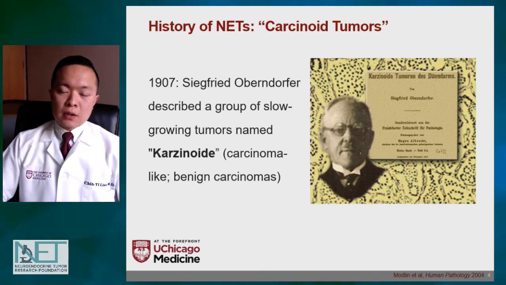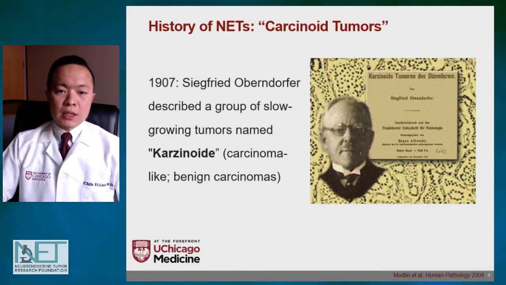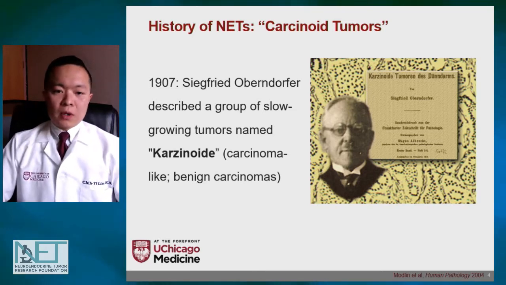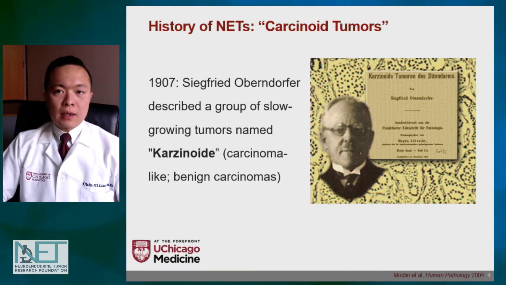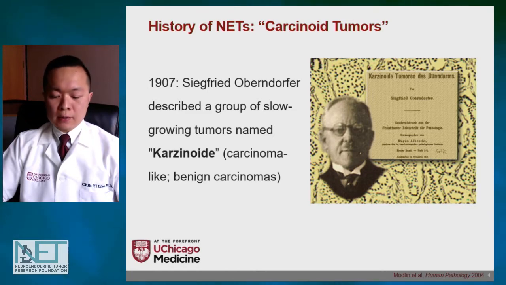This term was coined in 1907 by the German pathologist Siegfried Oberndorfer, who observed a group of slow-growing tumors that are carcinoma-like, meaning cancer-like, but he thought that they were benign cancers, and so he named them carcinoid. We now know that that's not entirely true, and that in fact most neuroendocrine tumors are cancers that can grow and spread to other organs.